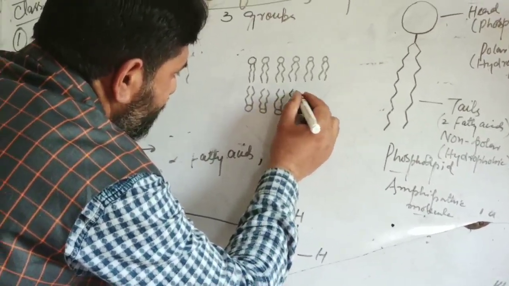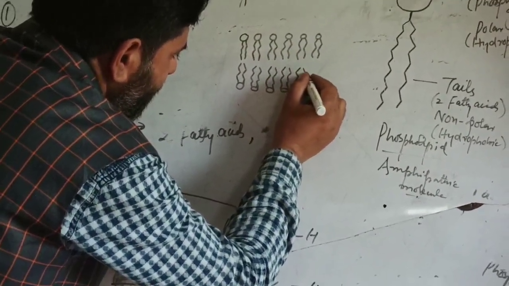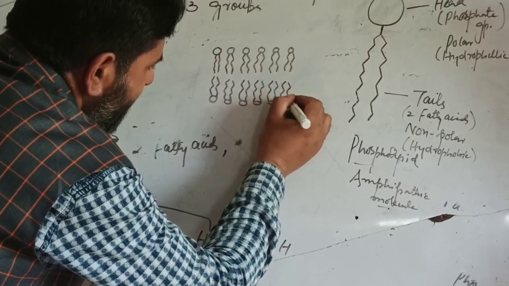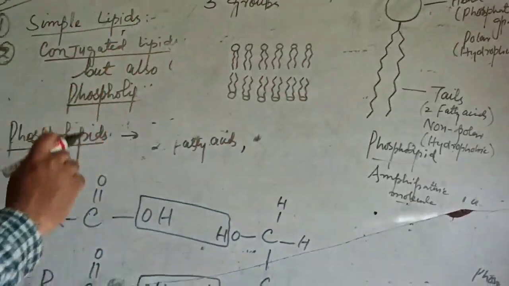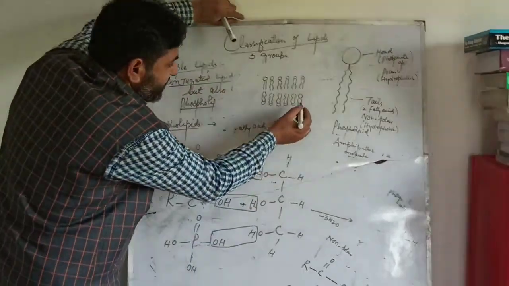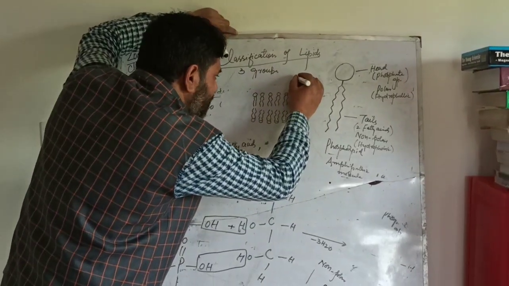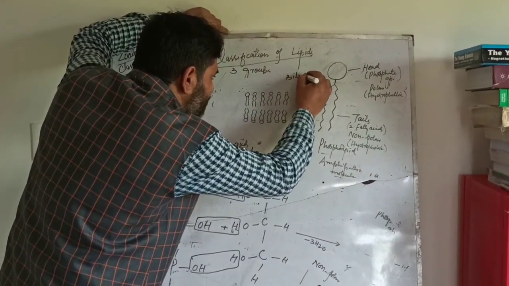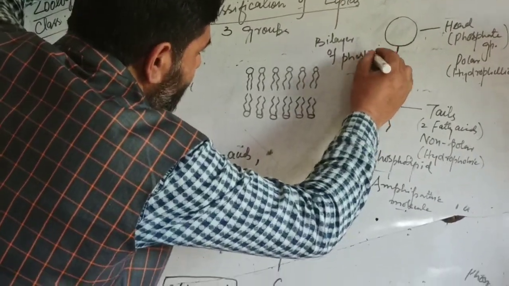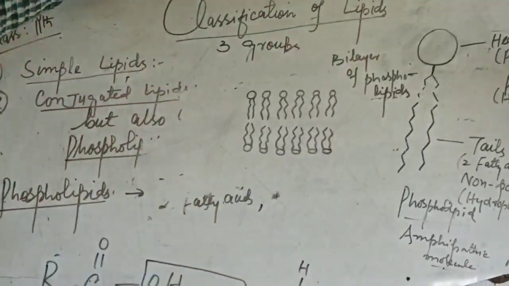The heads move towards the water and the tails face each other, because tails are non-polar. Non-polar dissolves in non-polar. The heads are polar, they move towards the water, and they form a bilayer. This is known as a bilayer of phospholipids.